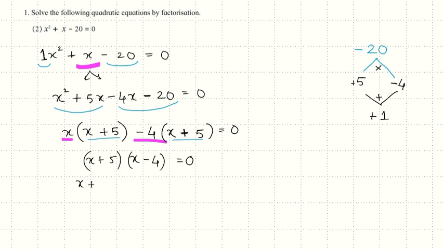Solving this further, x plus 5 is equal to 0, or x minus 4 is equal to 0. Therefore, x is equal to minus 5, or x is equal to plus 4. And hence the answer is minus 5, 4 are the roots of the given quadratic equation.